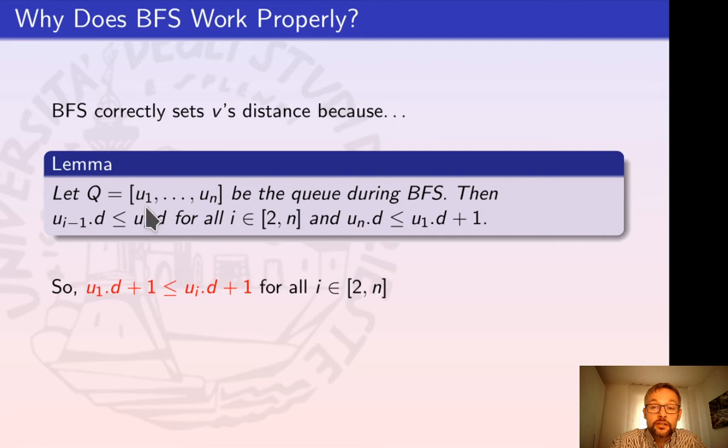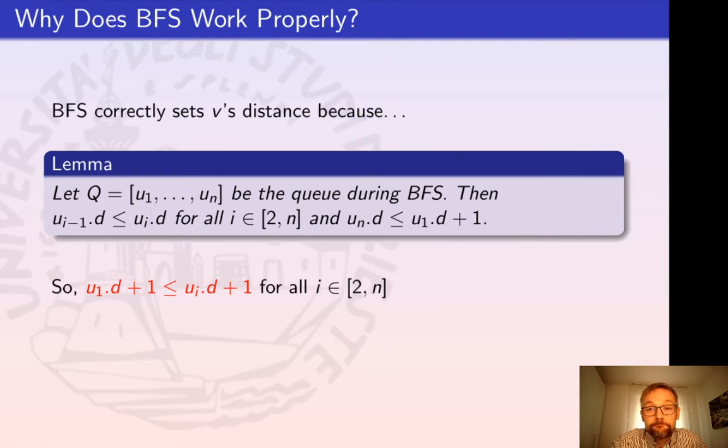The smaller the index, the smaller the distance from the source. But we also have the property that the distance of the first one plus 1 is for sure greater or equal to the distance of the last one. So all the distances of the gray nodes belong to an interval which has at most length 2.